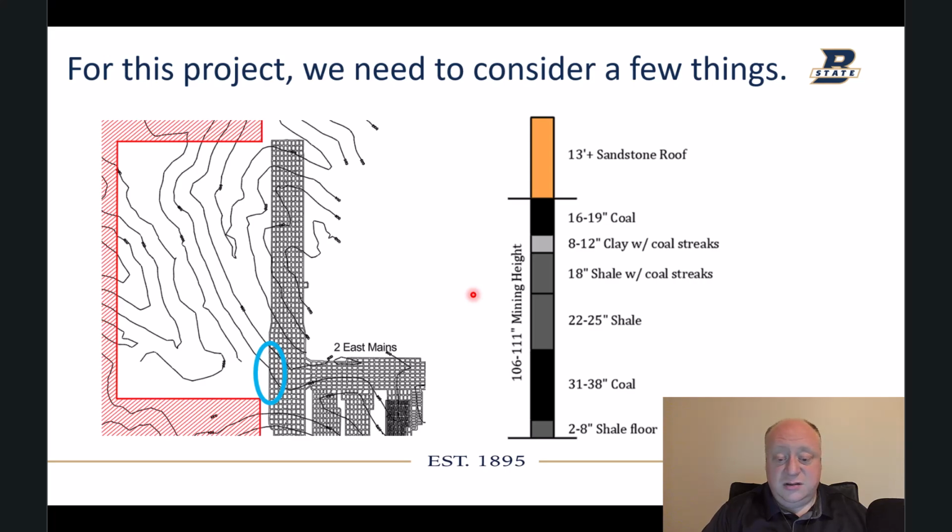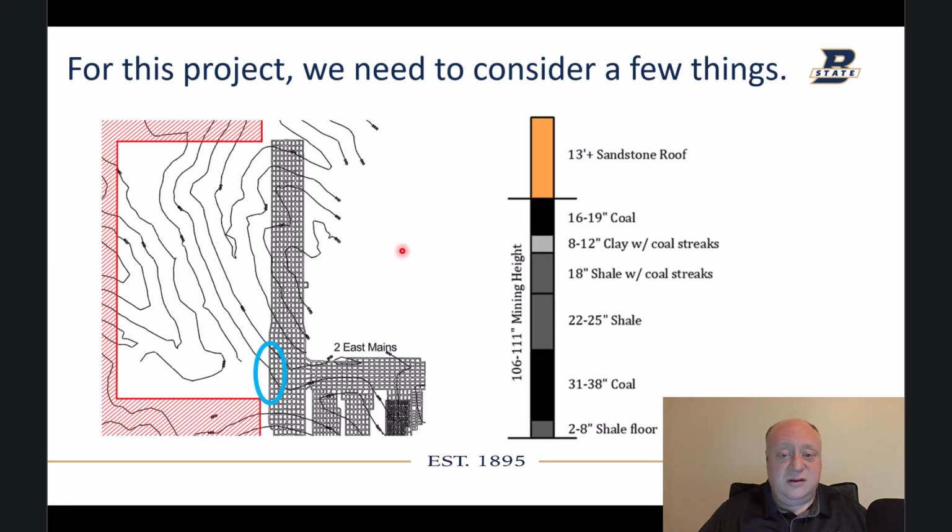So it's pretty thick. We also know the area of our reserve, and it's maybe 5,000 feet long, and even a bit narrower than that. So we know that we're basically already limited to room and pillar equipment.